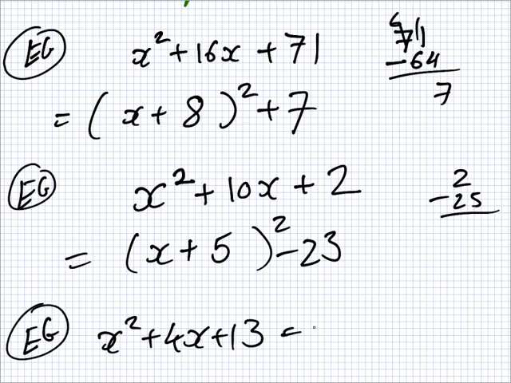So this will be x plus 2 squared, and then 13 minus 4, 9. We get the process? Yeah.